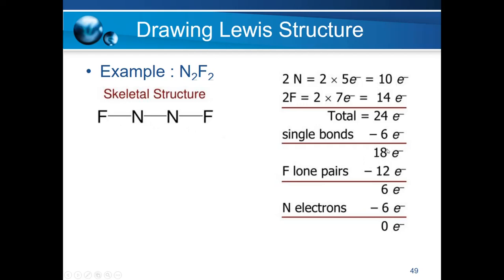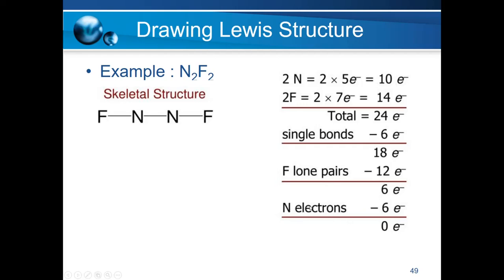You get 18. 18 minus 12. How do you get 12? This is the F lone pairs: 2, 4, 6, 2, 4, 6. So 12, only fluorine lone pairs. So you get 6.